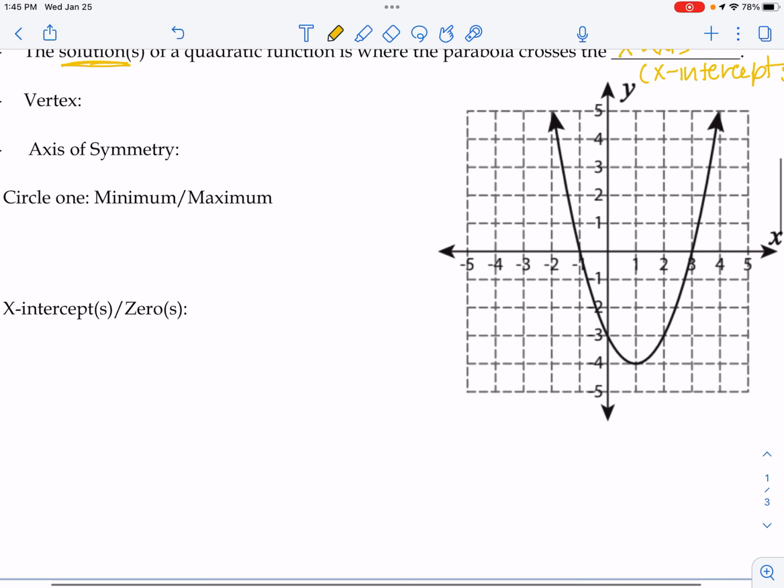So the vertex of this graph is right here. X is 1, y is -3. So the point 1, -3 is the vertex. The axis of symmetry is this vertical line right through it.